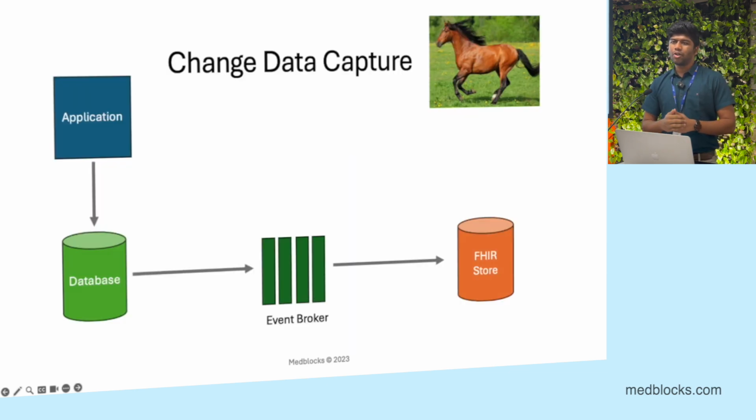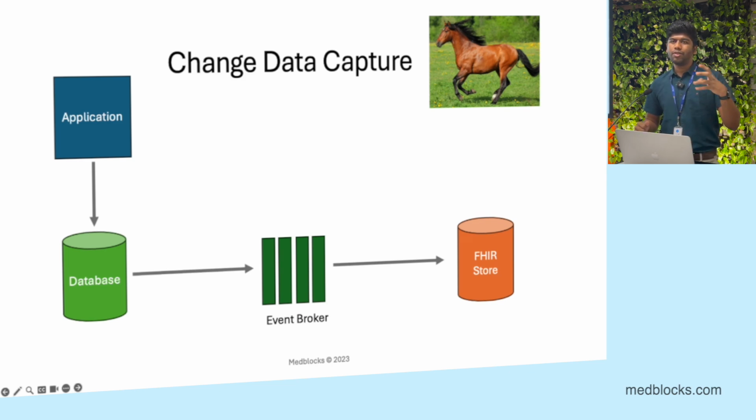Now, how many of you have heard of change data capture? Okay, not bad. Not the majority, but okay. Change data capture is a technique where you directly listen to database events in real time and stream those changes to an event broker. Okay, this could be Kafka, but it could be other event brokers as well.